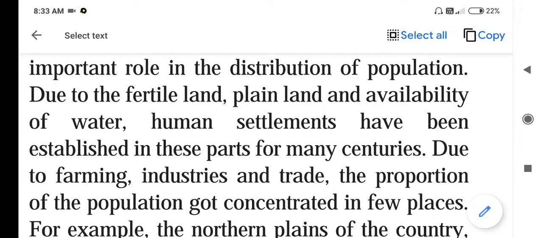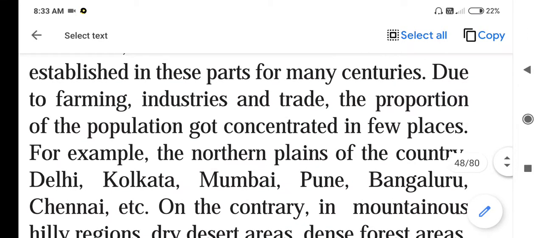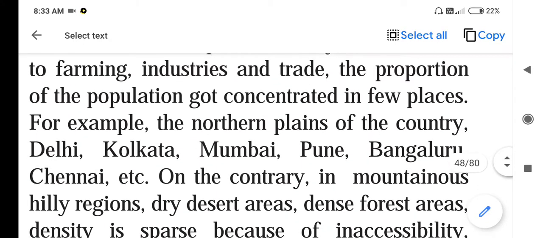Due to this reason population is more in some areas. The population got concentrated in a few places, and there are some places where the population is very less.